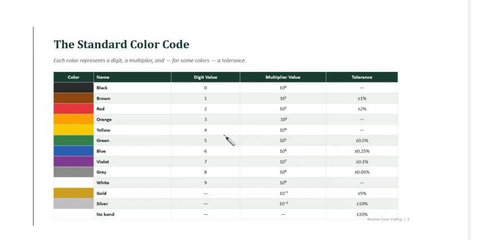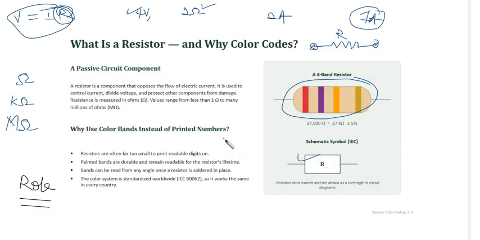Recall that at the beginning of this discussion, we tried to answer an important question: why do we use color bands instead of printing numbers on the resistors? One of the answers we got is that the color system is standardized worldwide based on the IEC standard.